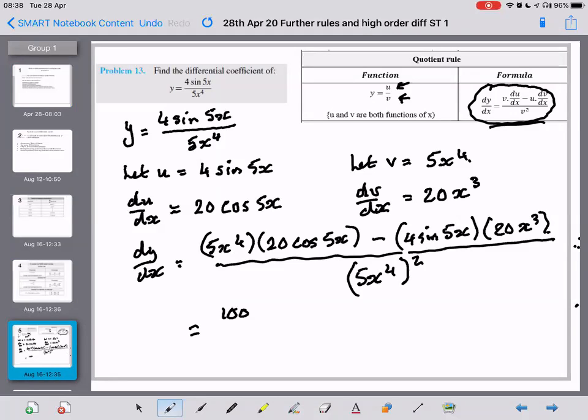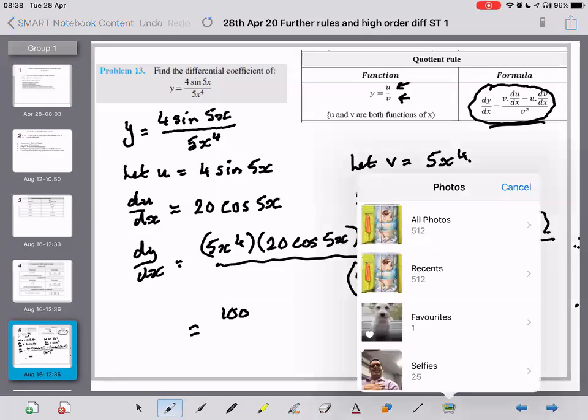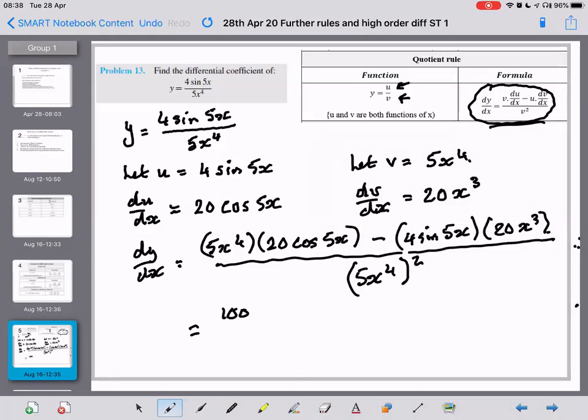Let's go our own way with a simplification. 5x to the 4 times 20, so we got 100x to the 4 cos 5x.